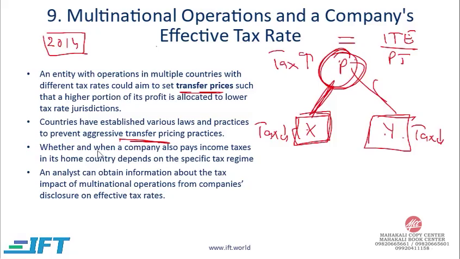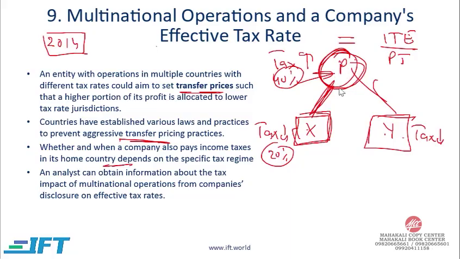Also, whether and when a company pays income taxes in its home country depends on the specific tax regime. You might have a particular country where the tax rate is 40%. Companies based here might operate in other countries where the tax rate is 20%.